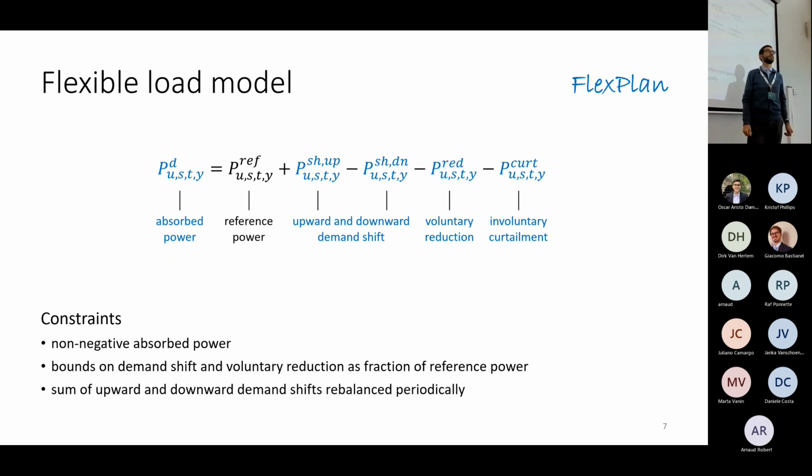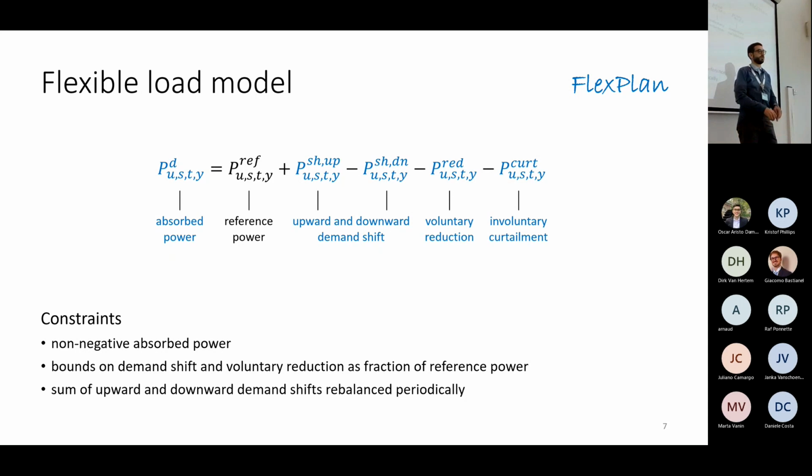You can think about an electric vehicle charging. It can shift its charging from the afternoon to the evening. In that case, there will be a variation with respect to the reference power. And a constraint in this case is that during 24 hours or a longer period, the shifts are rebalanced.